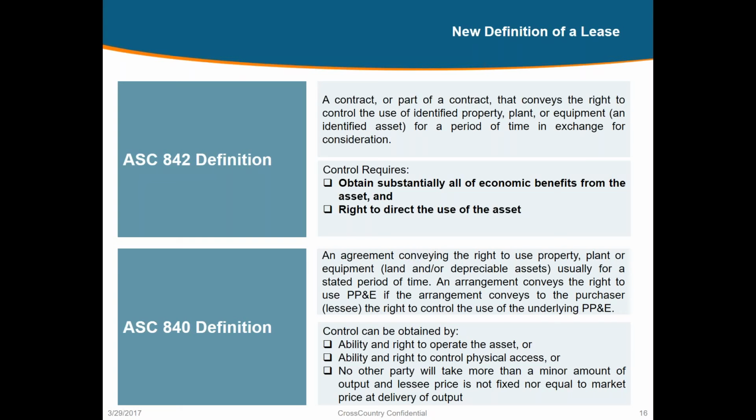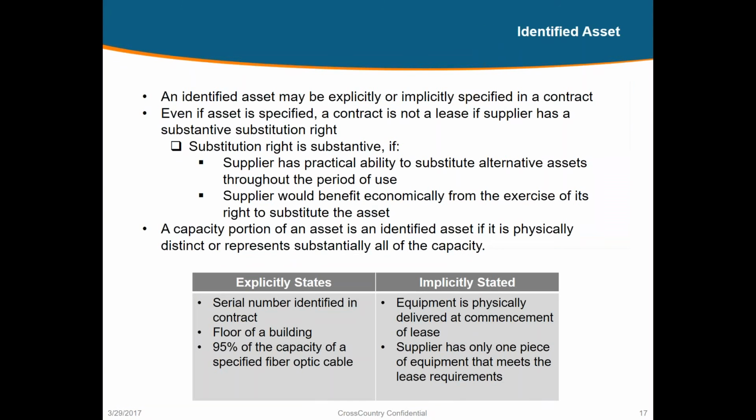An identified asset is explicitly specified in a contract or implicitly specified at the time the asset is made available for use. An asset might be implicitly specified when the contract specifies the product brand and model, but not the serial number, but the serial number becomes known when the product is delivered.